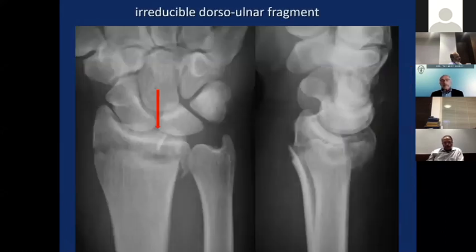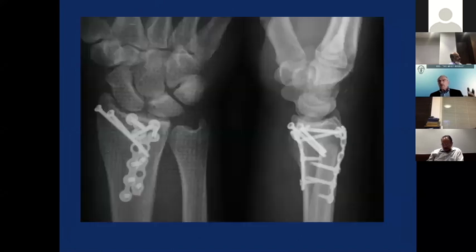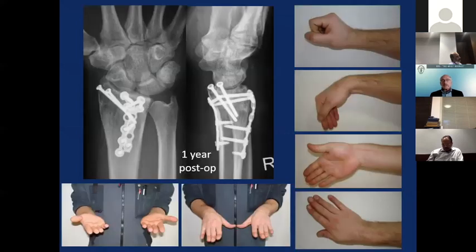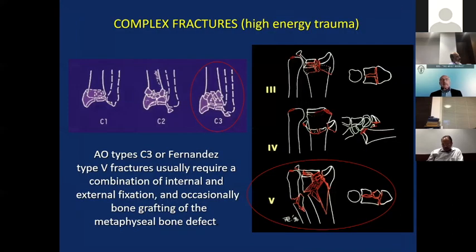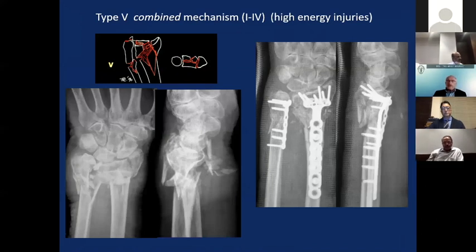Here, another example where that irreducible dorsal fragment is unreducible because it's completely rotated towards proximal. So here you have to go from the dorsal side and from the volar side to do this fragment-specific fixation. The high-energy injuries extending to the shaft usually require a combination of internal fixation, bone grafting, and sometimes temporary fixation with external fixation.